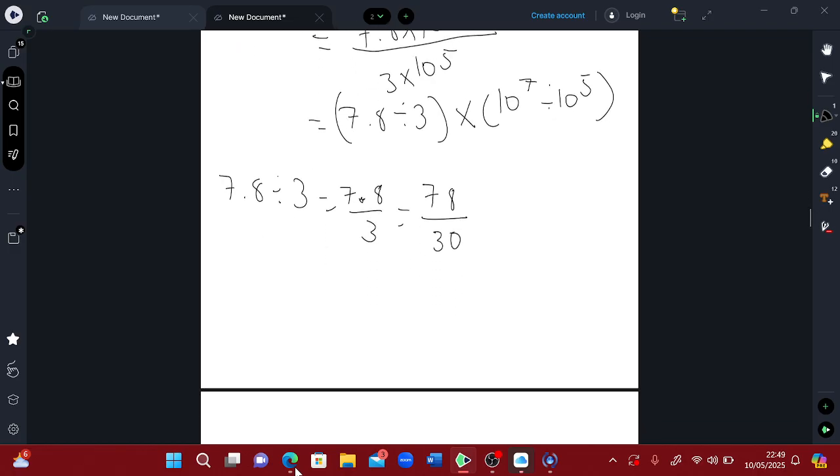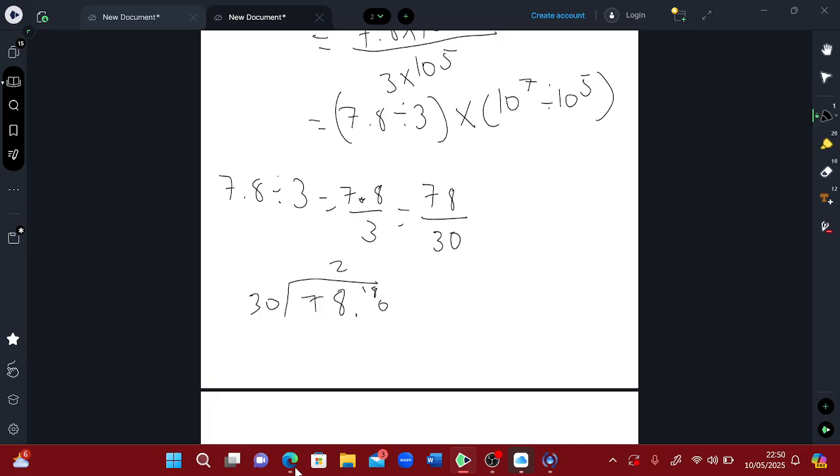You could try to simplify it, but let's recap our skills from last time. So 30, bring it outside the bus stop, 78. So 30 doesn't go into 7, so you have to consider 78 now. 30 goes into 78 twice, with a remainder of 18.